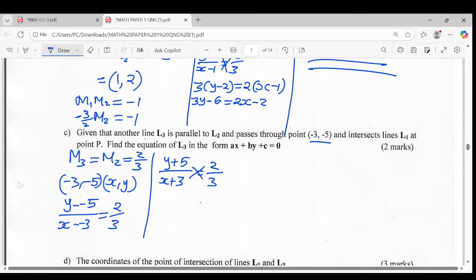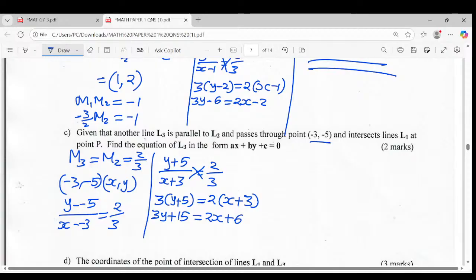We are going to have 3 into y plus 5 being equivalent to 2 into x plus 3. Then you open your brackets. This is going to be 3y plus 15 being equivalent to 2x plus 6.